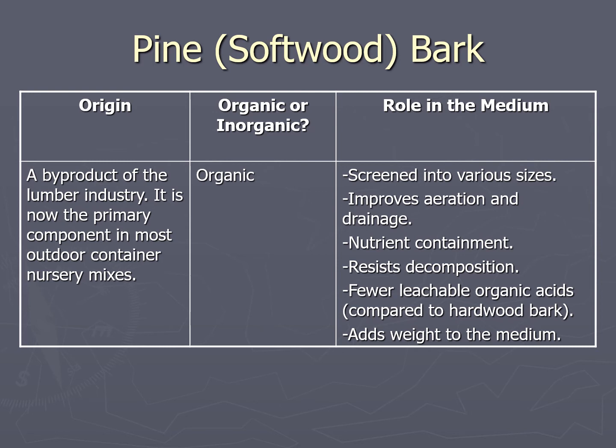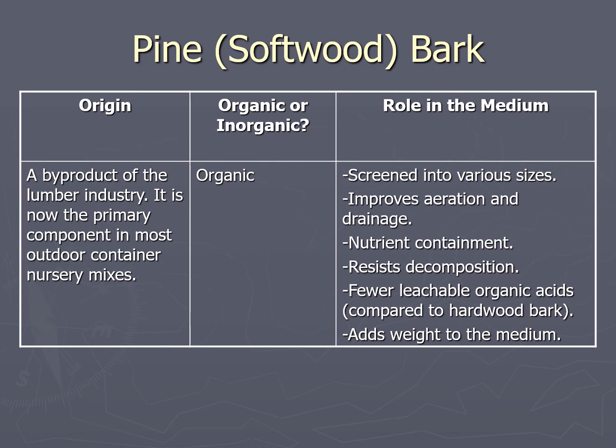So pine bark is organic, and what role does it have in the medium? Well, it's screened to various sizes, so depending on whether you're growing plants outdoors in containers or in a greenhouse, you might buy different sized pine bark. Its main job in a growing medium is to provide aeration and drainage.